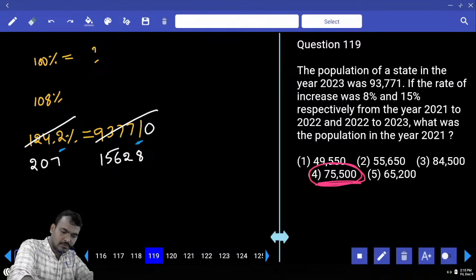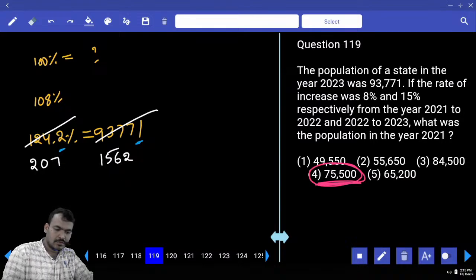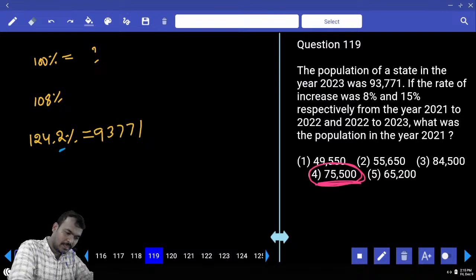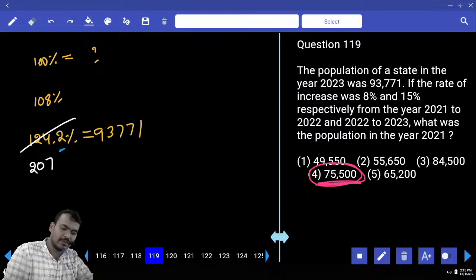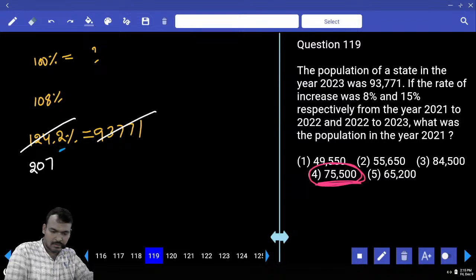Which one? 207, 156. 6 how many times gives 207? 6 times 15 is 90, remaining 117.